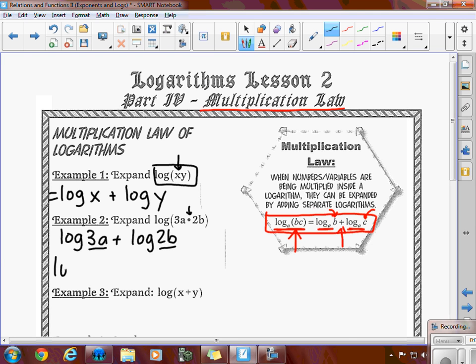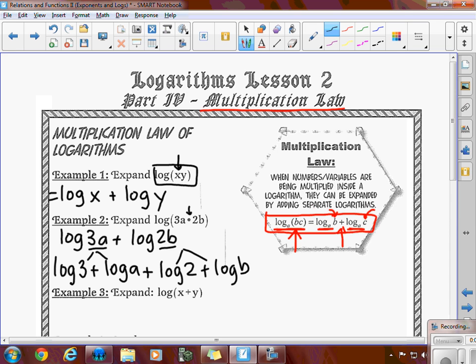So this can break up into log of 3 plus log of a, that's the multiplication law here, plus log of 2 plus log of b. Here's another separation using the multiplication law of logs.